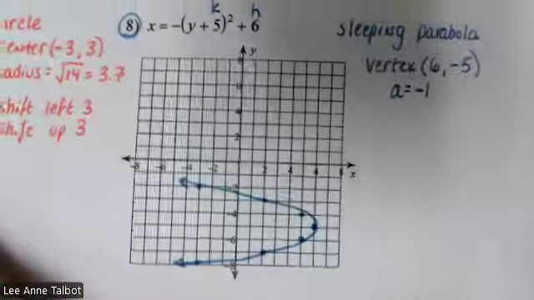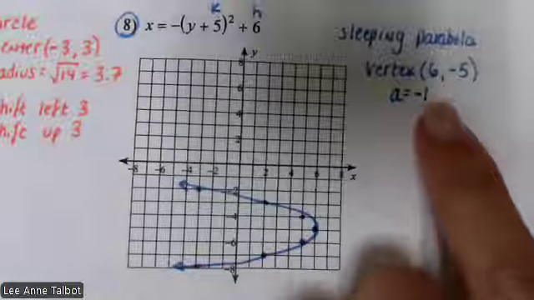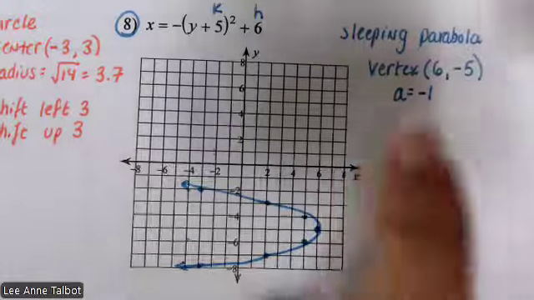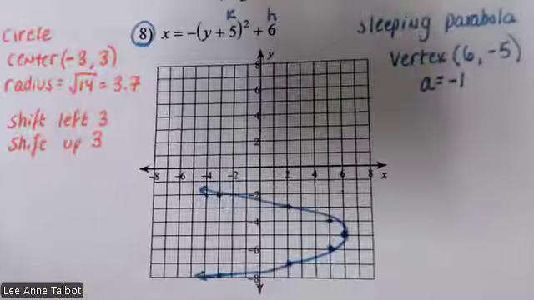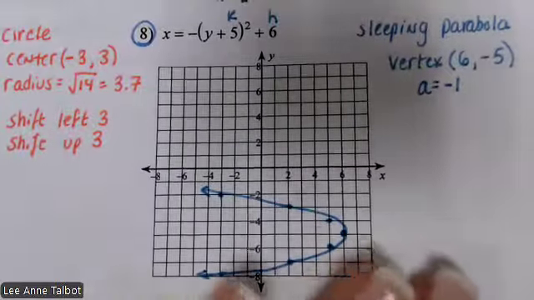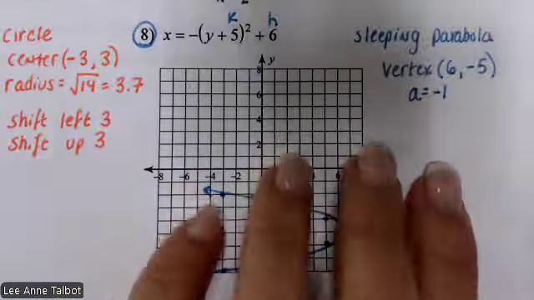Okay, now to describe. The negative would normally be reflect across the x-axis. What is it for sleeping? Yeah.